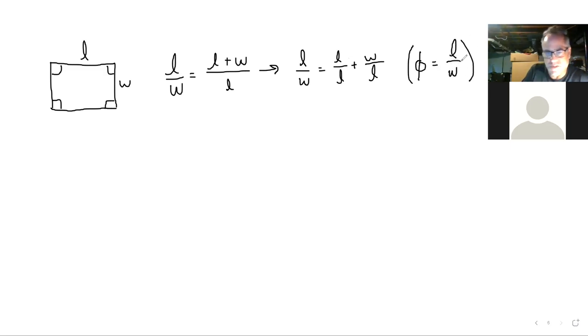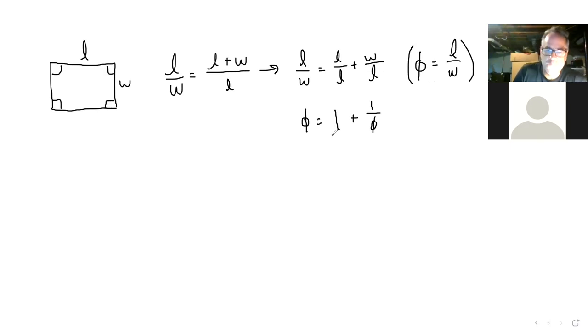So if I make this substitution into here, length over width, well, we said that's going to be phi. Now, L over L is 1. And this, notice, is the reciprocal. That is the flip of length over width. So the reciprocal of phi would be 1 over phi. All right. So all I've done is I've rewritten this equation based on this substitution right here.